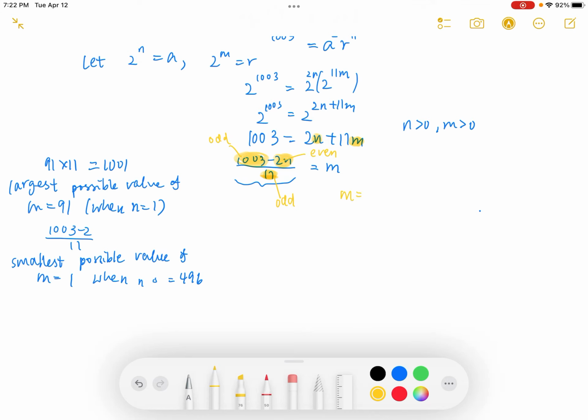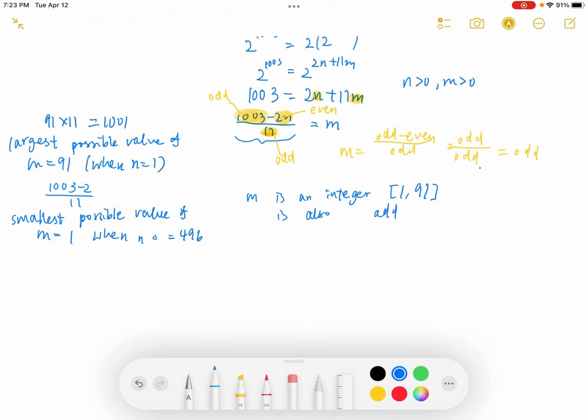So m will be equal to an odd number minus an even number, divided by an odd number, which is an odd number divided by an odd number. And odd numbers divided by odd numbers are odd. So we know that m is an odd number. So m is an integer in the closed interval from 1 to 91, but m is also odd.